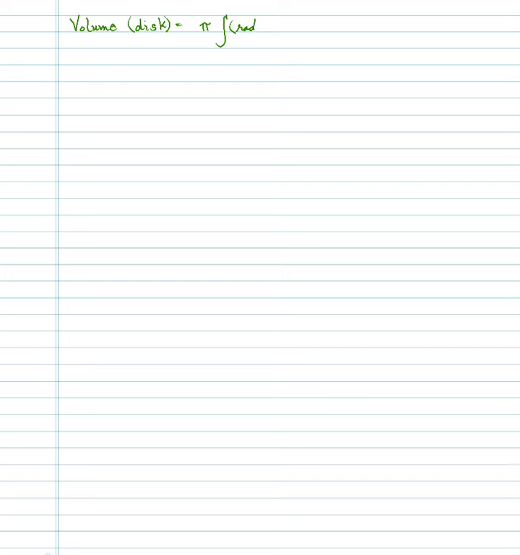I'm putting radius for a specific reason and not an actual function, because sometimes it varies. So pi r squared, that's the radius squared, and then your variable of integration, and what I mean is dx or dy.